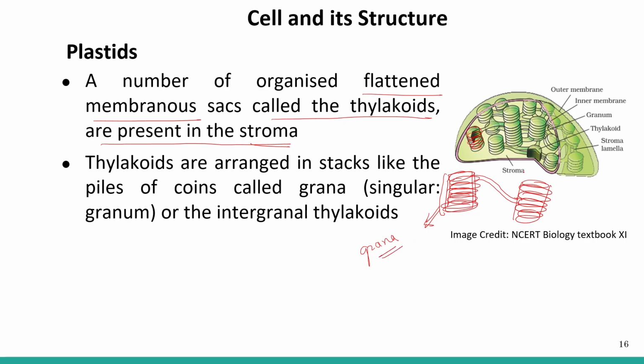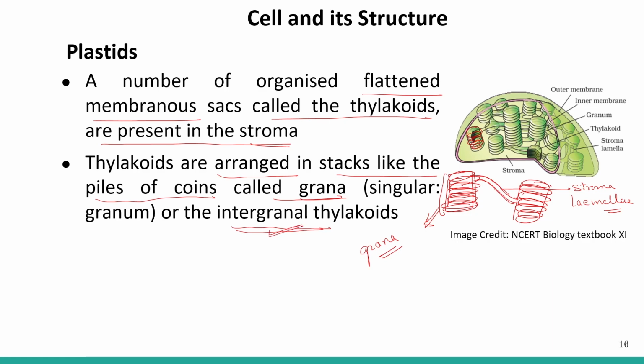Okay, and these two grana are sometimes attached with a lamellae structure that is called the stroma lamellae. Thylakoids are arranged in a stack like a pile of coins, and they are called grana, or the intergranal thylakoids.